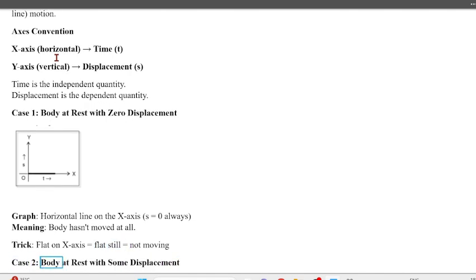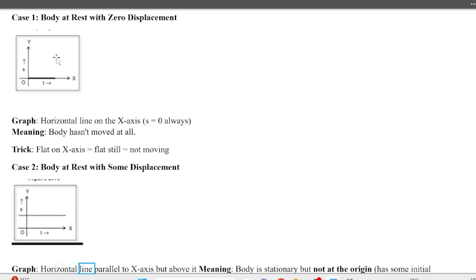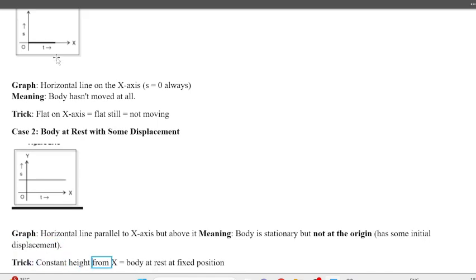Case 2: body at rest with some displacement. Picture the graph: a horizontal line parallel to the x-axis but above it, meaning the body is stationary but not at the origin, has some initial displacement. Trick: constant height from x-axis is equal to body at rest at fixed position.